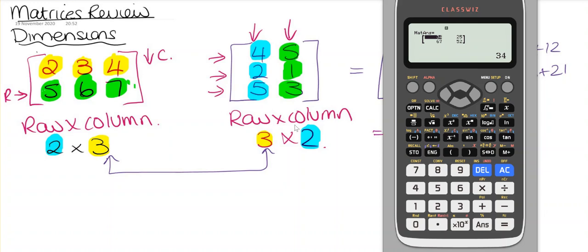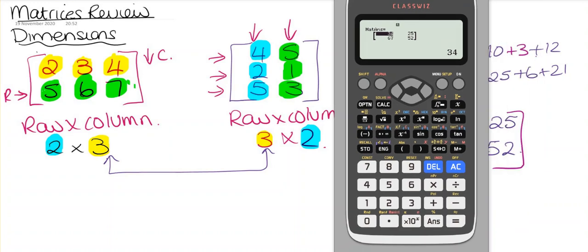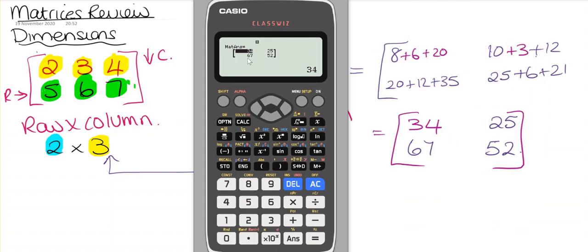So this is the numbers on the outside, and we'll check our numbers. So we have 34, 25, 67, and 52.